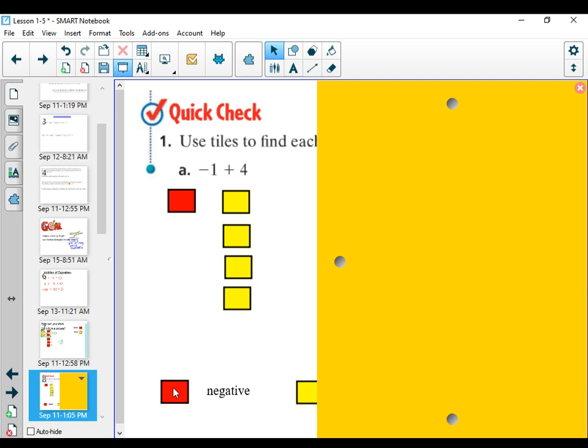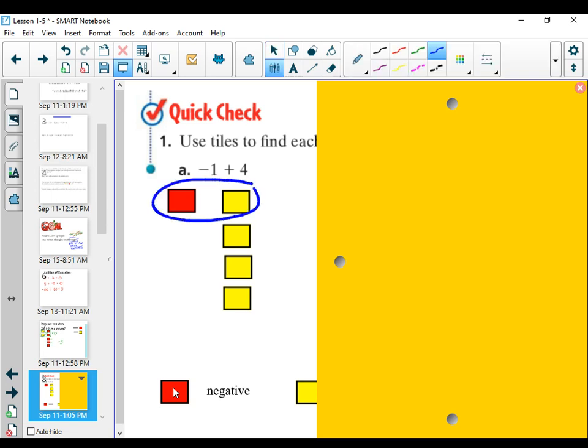Here's my 1 negative and my 4 positives. I know 1 negative and 1 positive are going to be worth 0. So what's left? 3 positives.